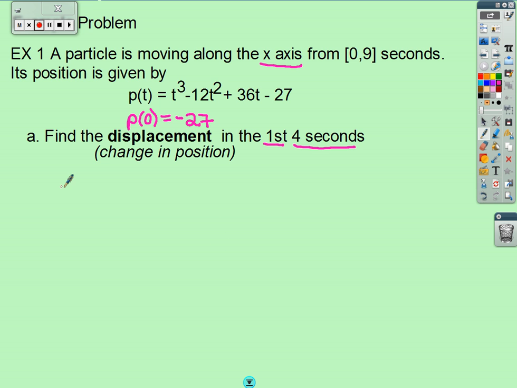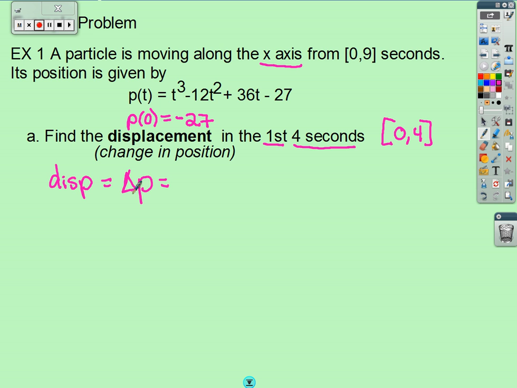Okay, so displacement is equal to change in position. So here they're talking about the first 4 seconds. So if I had to describe the interval that they're talking about, they're talking from 0 to 4 seconds.